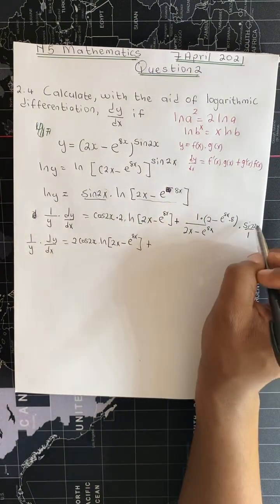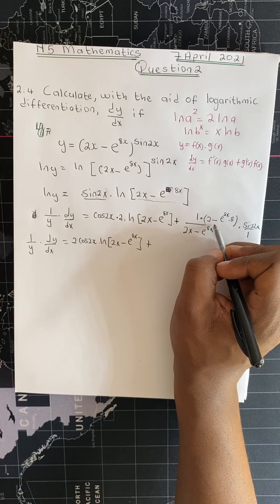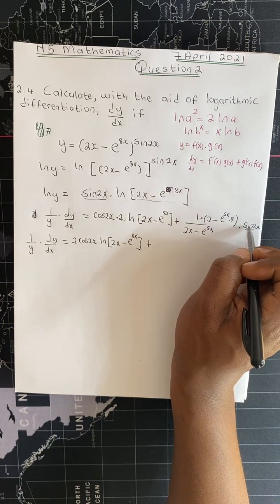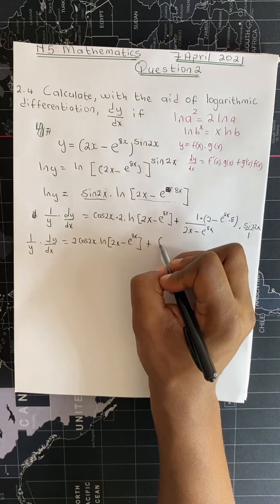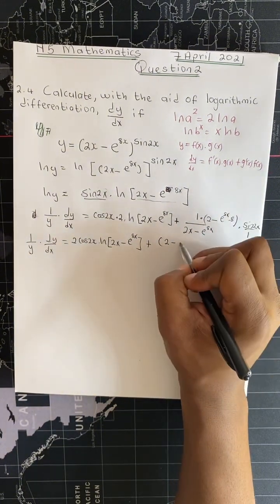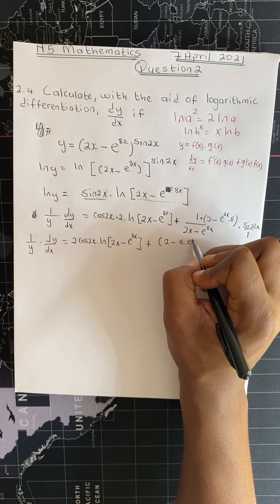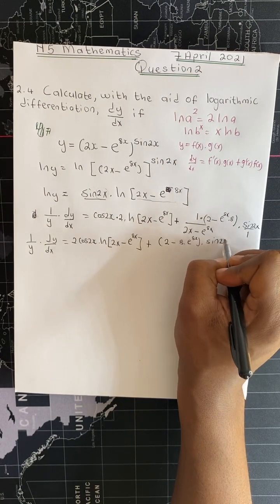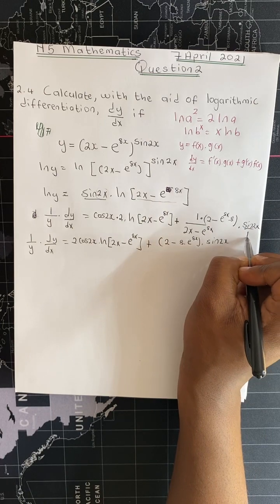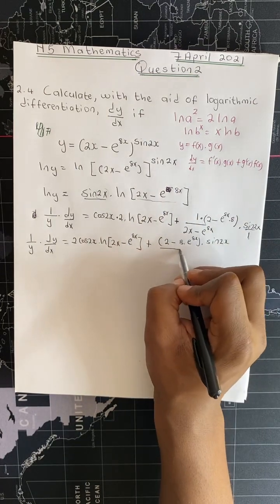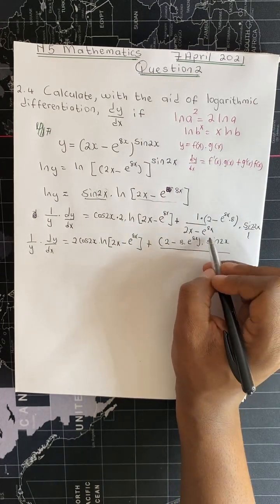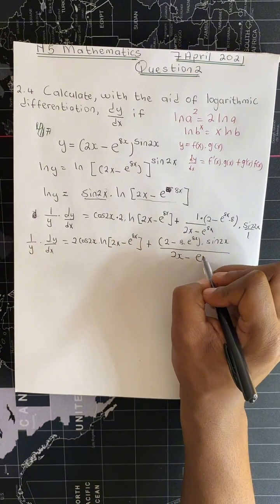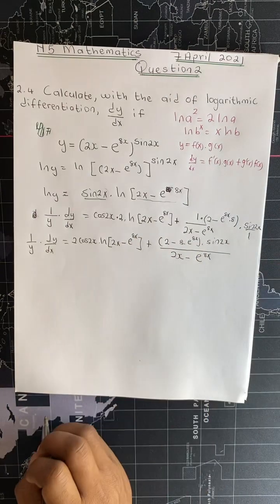So 1 multiplied by (2 minus e to the power 8x multiplied by 8) multiplied by the sine 2x. So we'll have 2 minus, we write the 8 multiplied by the e to the power 8x and also our sine 2x. The denominator 1 multiplied by the denominator 2x minus e to the power 8x is equal to 2x minus e to the power 8x.